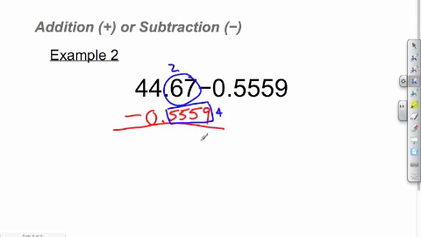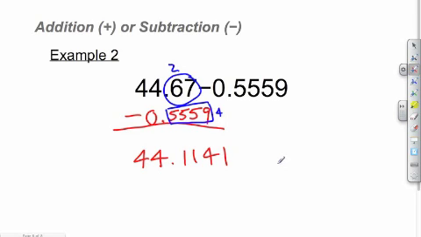So when I punch this into my calculator, 44.67 minus 0.5559, I end up with an answer of 44.1141 off of the calculator.